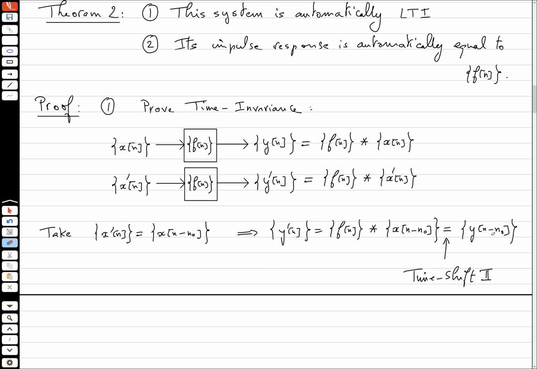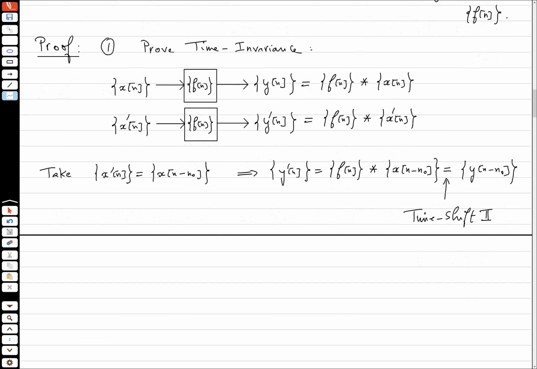Y of n minus n naught gives you this expression, but it has also another expression. Yes, you can also get y of n minus n naught by shifting f. Remember? Now the shift of interest here is the one that shifts x, all right? But what do you conclude? It's time invariant, okay? System is time invariant.